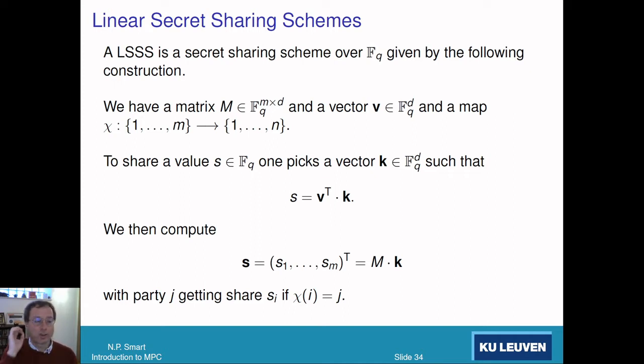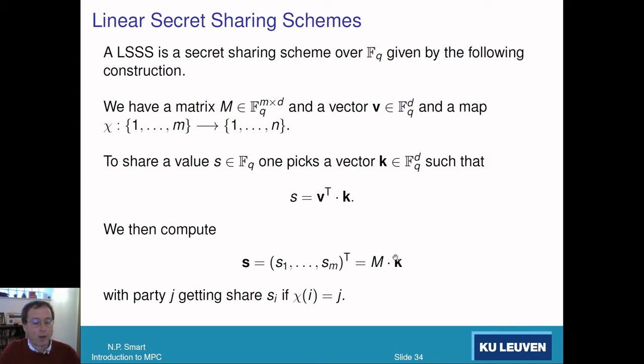Okay, so to share a value in a linear secret sharing scheme, which is defined by this M, V, and chi, we take the secret that we want to share, s, and then pick a randomization vector k of d elements of the finite field, such that the dot product of the vector V with k is equal to s. Then to define the sharing, we take the matrix M and multiply it by k.